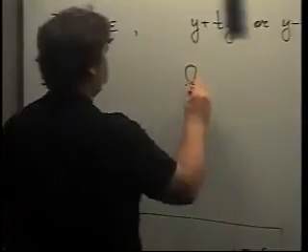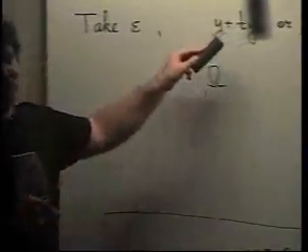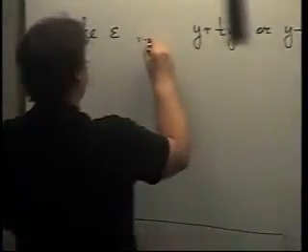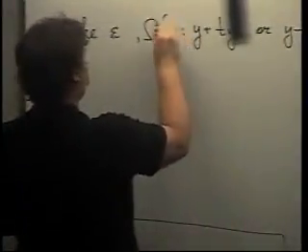This is a bad set. And I'll call this set omega. And that set depends on t. It is the set of y. So omega is the set of y. And actually this set depends on t.